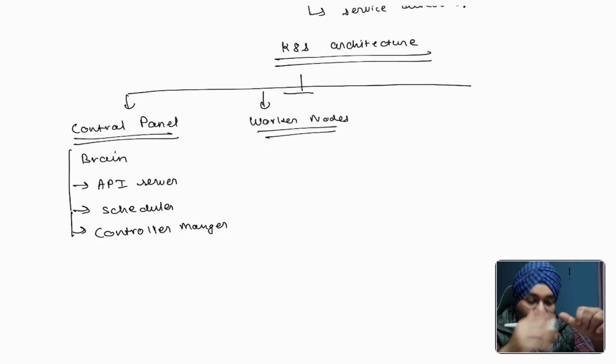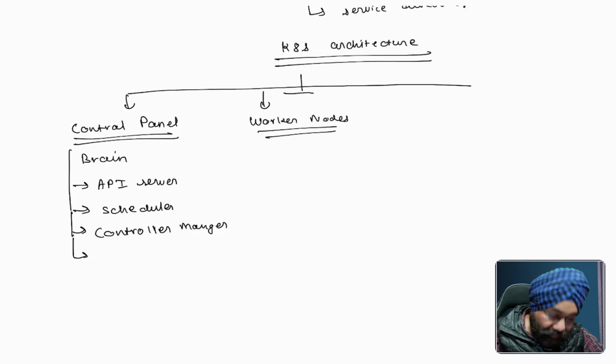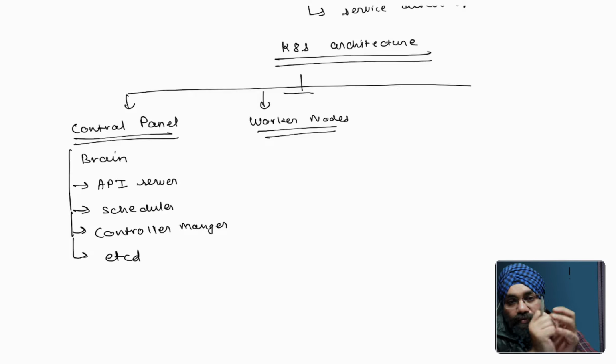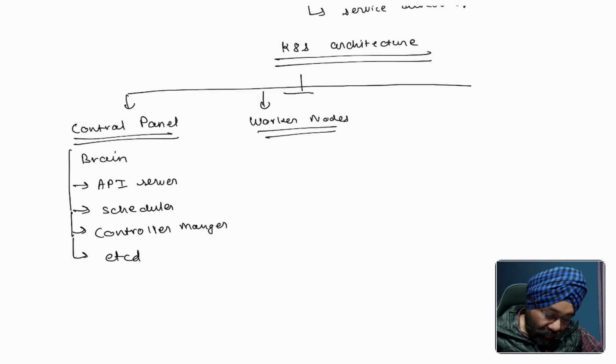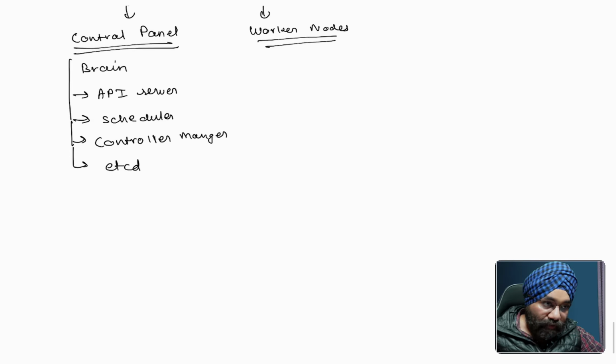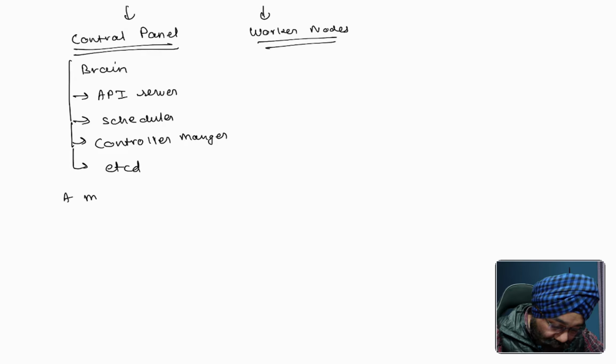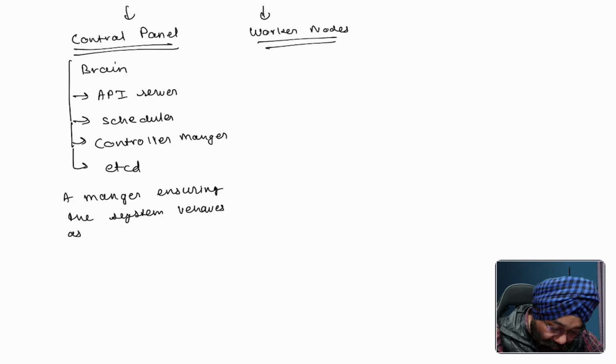And then there is etcd, which is used for holding key value pairs. So the complete control plane is like a manager ensuring the system behaves as intended.